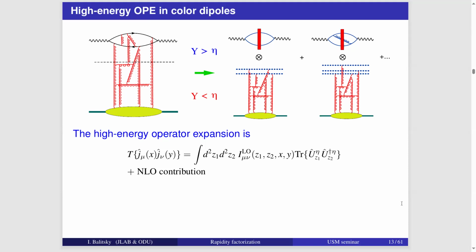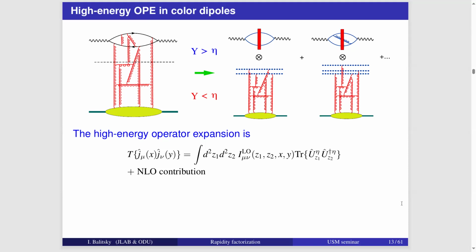There can also be another fast gluon in this range of rapidity. Then the picture for that gluon will look like that. Still, the gluons in this red area perceive the target as Wilson lines.